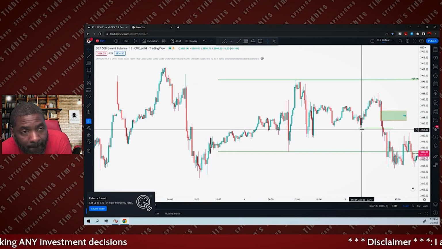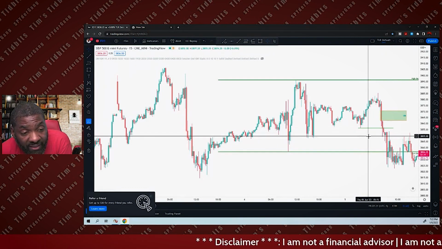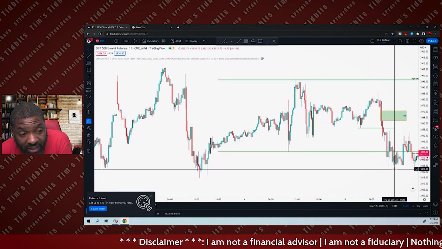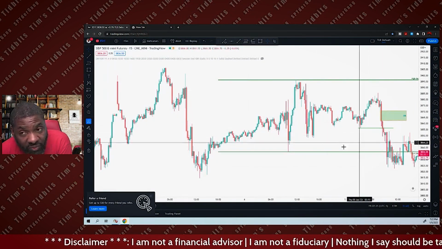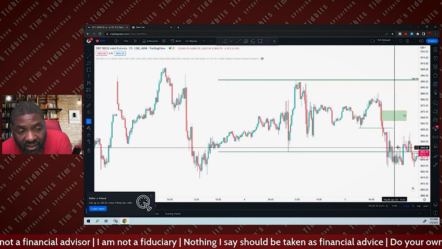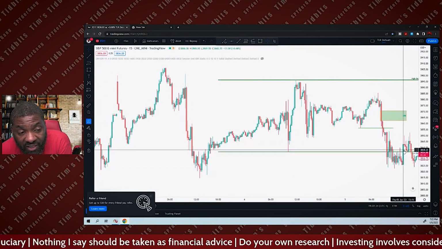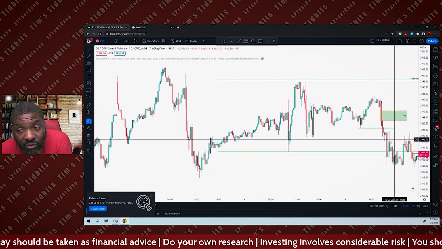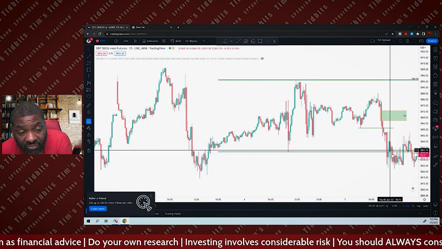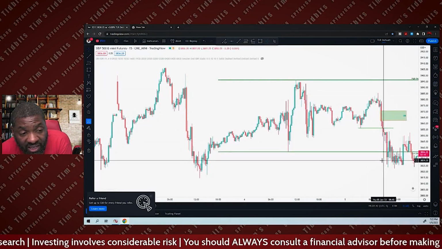Now, if you're not the type to trade against the grain, meaning today is a bearish day and you're only looking for reasons to sell, you wouldn't pay this setup no attention, because this is going against the grain. This is a more high risk trade because you've had a bearish day all day.